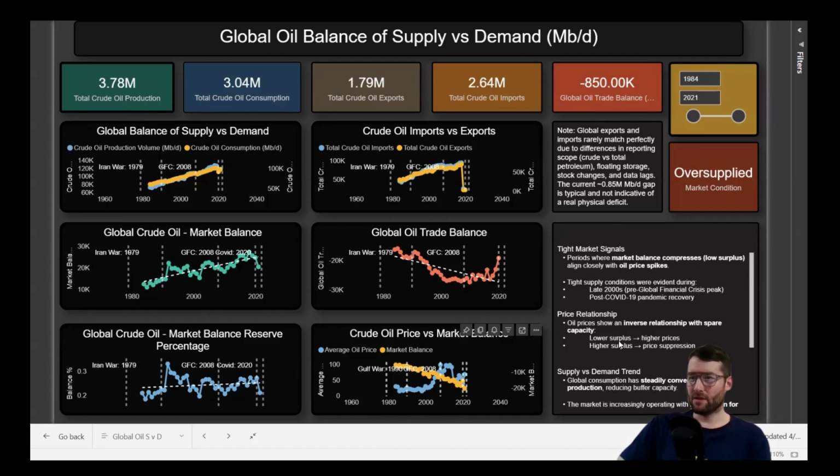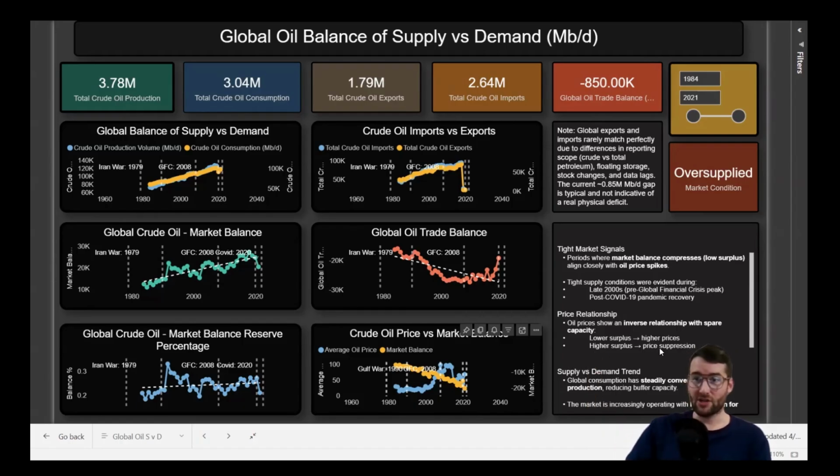Lower supply of available oil on the market leads to higher prices, and a higher supply of oil in the market will lead to a much more cost-effective price of oil.